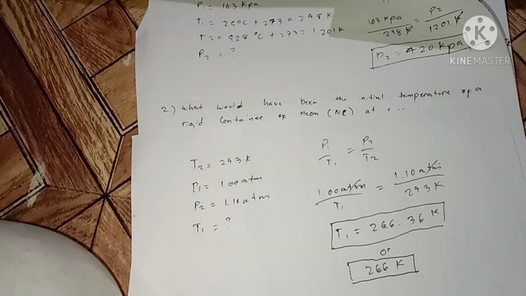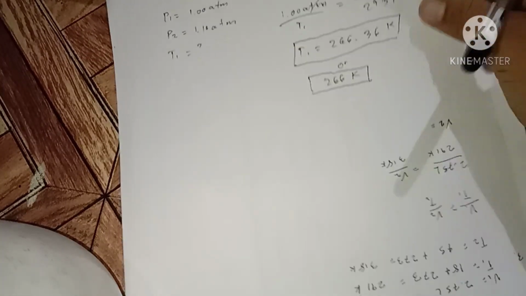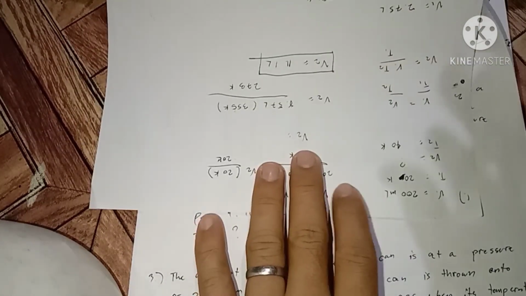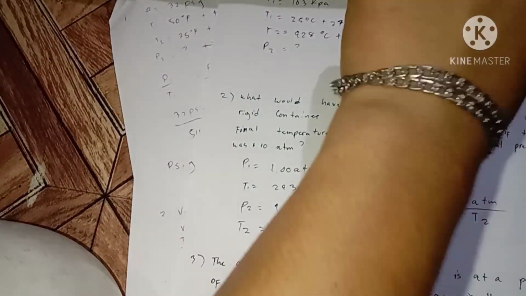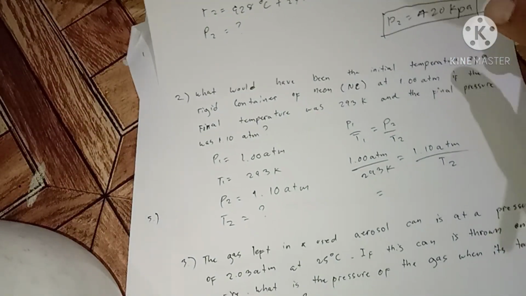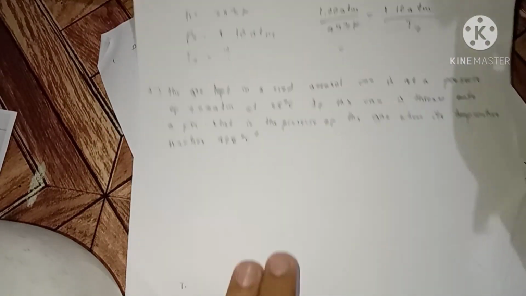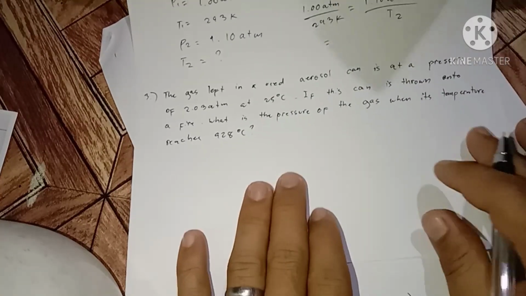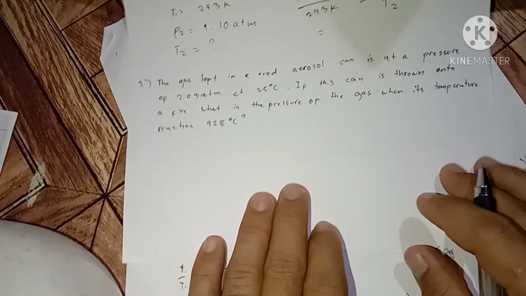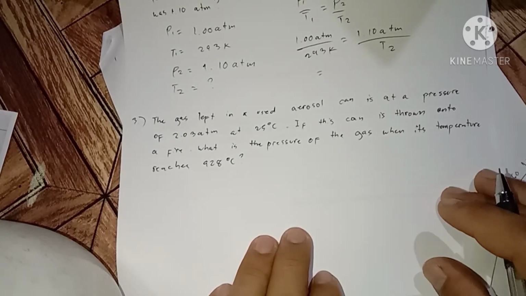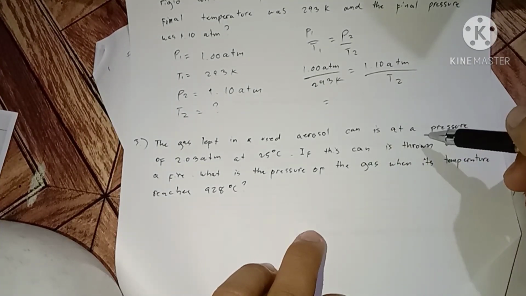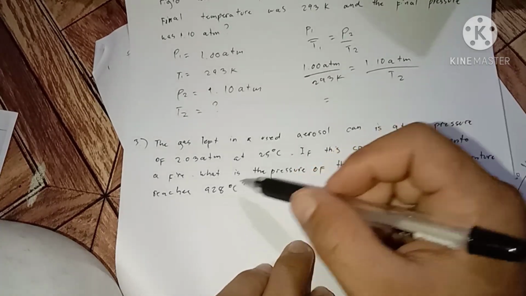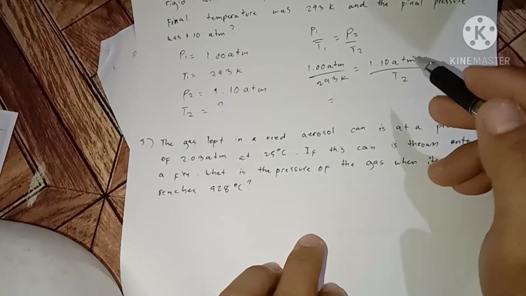So let's proceed to problem number 3. The gas left in a used aerosol can is at a pressure of 2.03 atm at 25 degrees Celsius.